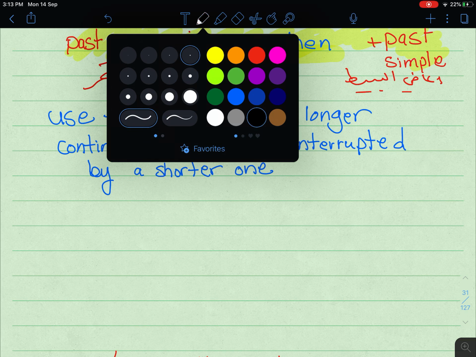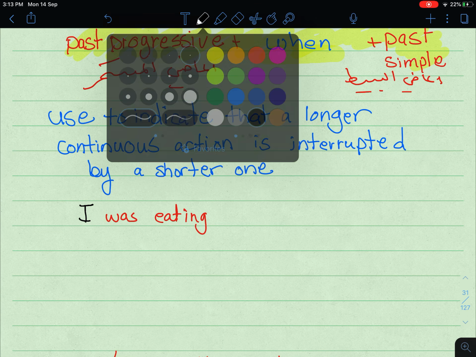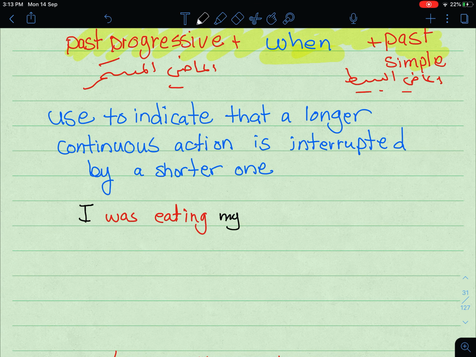For example, okay, I'm gonna change the font, the color of the font. I was eating what? Okay, eating my dinner, for example, my dinner. Okay, and then I'm gonna add, of course, when.